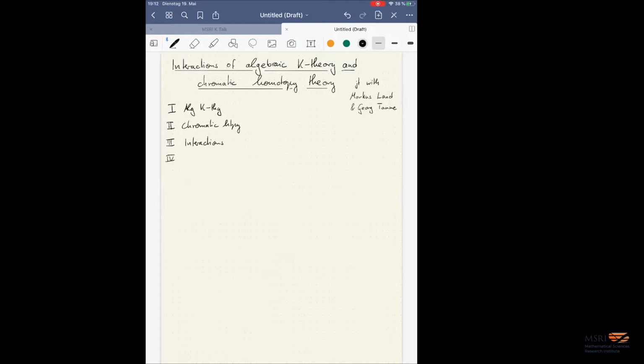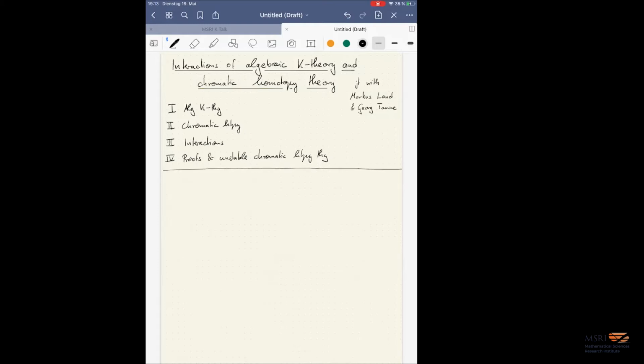And then at the end, I say a bit about proofs and unstable chromatic homotopy theory, because this will be a main ingredient. Let me see how much I will say about this. And please interrupt me at any time with questions. I think the format should give plenty of time for this.